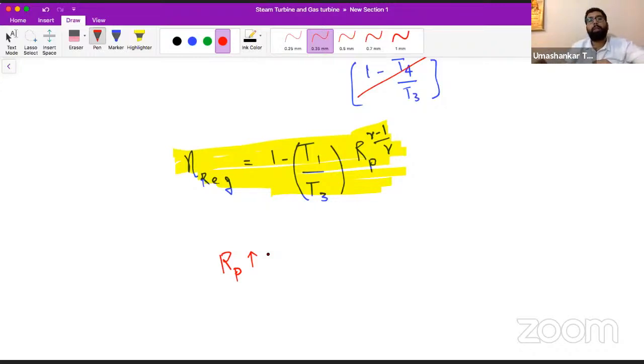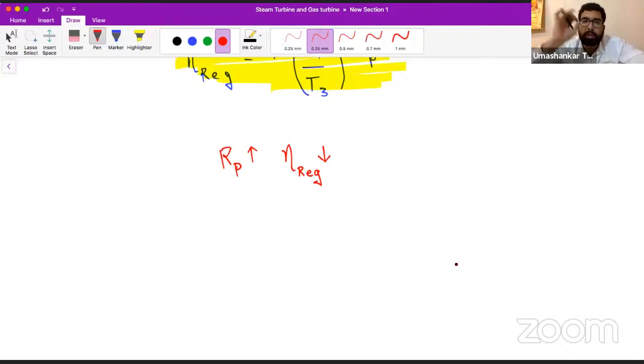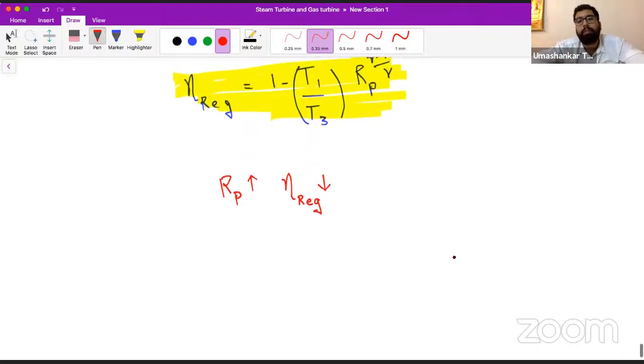So if the pressure ratio increases, the efficiency of the ideal gas turbine cycle or ideal Brayton cycle increases, but the efficiency of the cycle with regeneration decreases, as we can see from this expression.